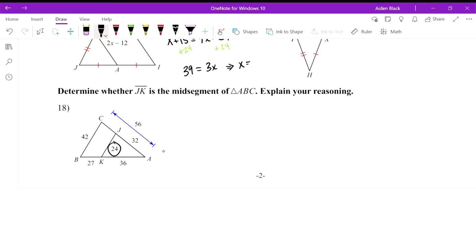Is this half the length of this? No, it's not. So just alone in that, you should be able to tell that it's not a midsegment. We don't have to discuss whether the length from J to A is equal to C to A, because we already know this is not half the length of this. And it doesn't say these are parallel.